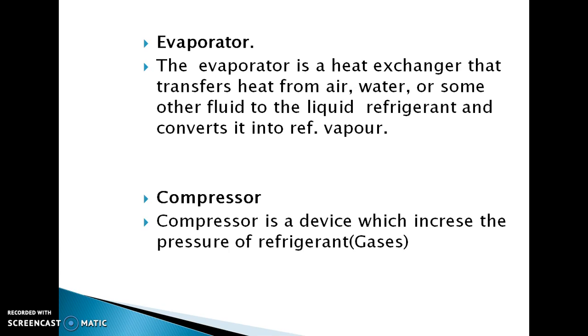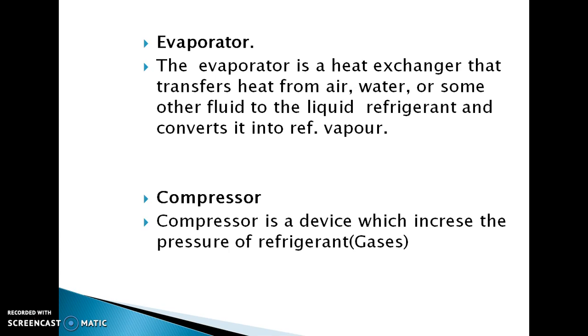The compressor is a device which increases the pressure of the refrigerant. The main function of the compressor is to increase the pressure of the refrigerant as well as to increase the temperature of the refrigerant. So when that high pressure refrigerant is throttled in the throttling device, the temperature as well as pressure of the refrigerant will decrease below 0 degrees Celsius, and then we will get our desired cooling effect.